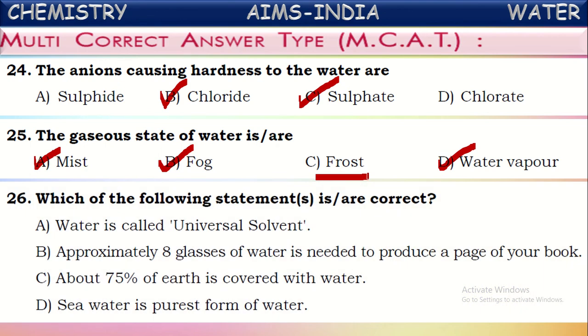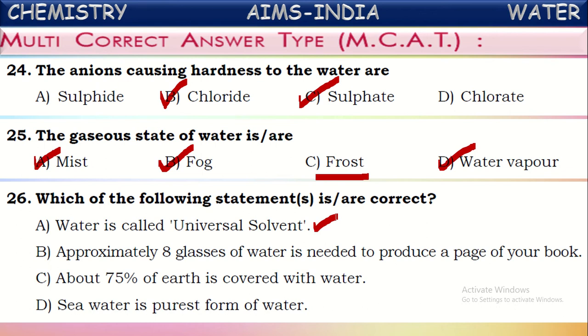Next, which of the following statements are correct? See the statements once. Water is called universal solvent. Is it called so? Yes, water is called universal solvent because water can dissolve almost all the substances into it.